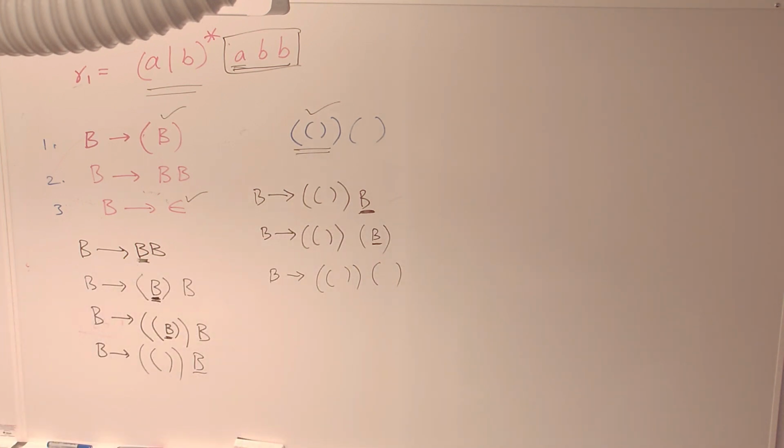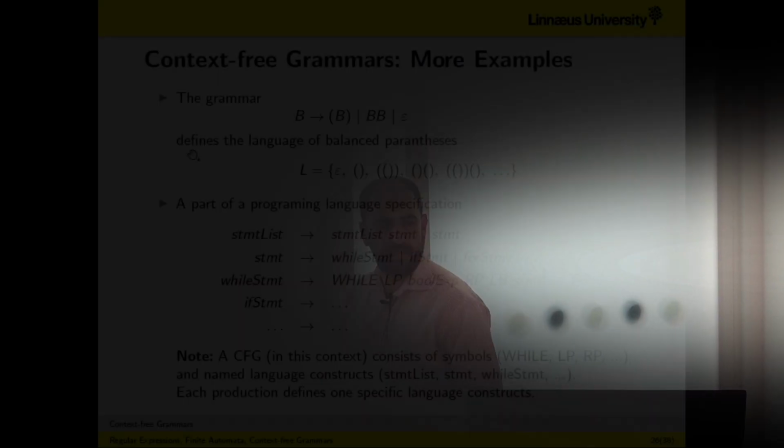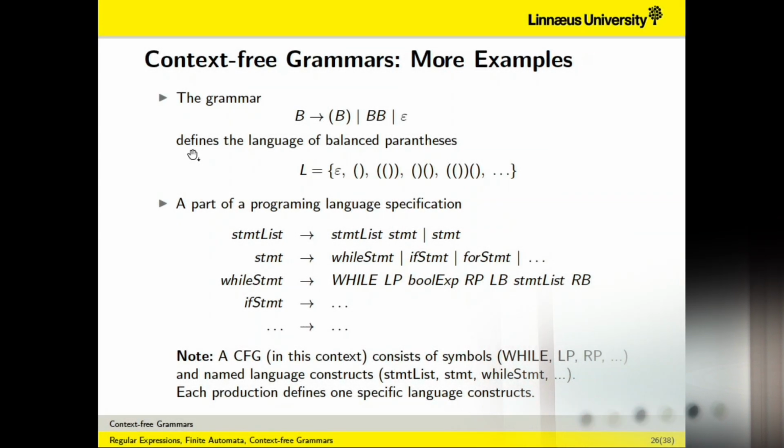Okay, that was the more complicated example. So it means that using this grammar over here, we can get all the different possible combinations of balanced parentheses.